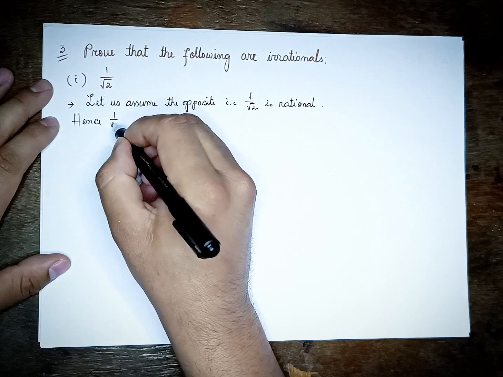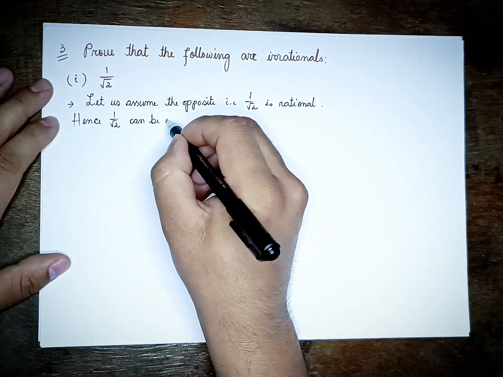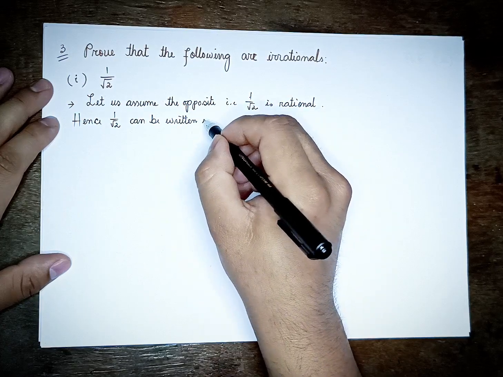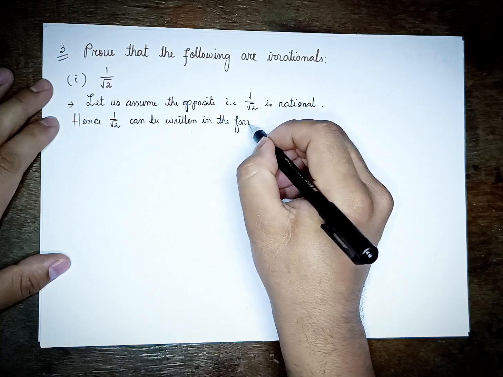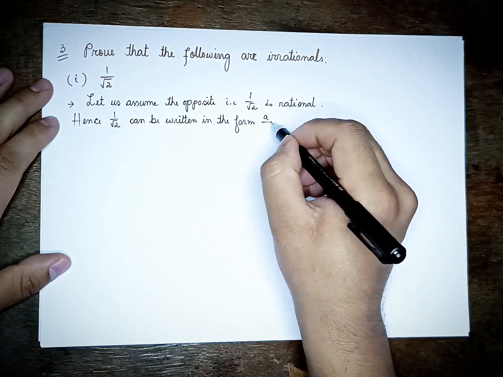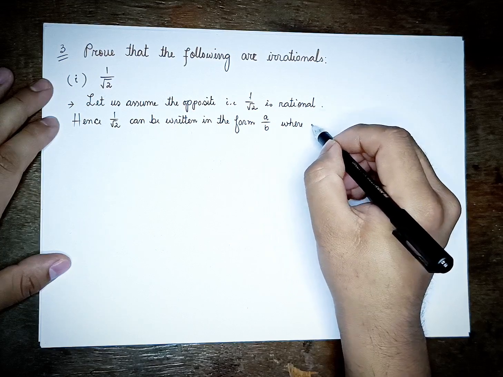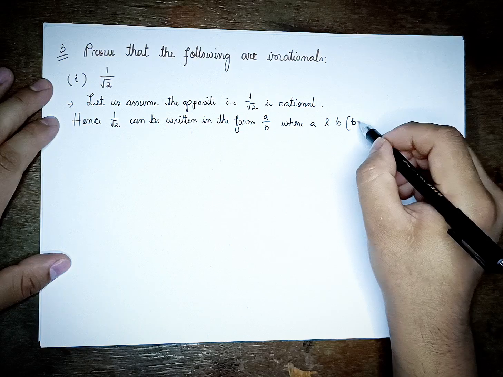Hence, 1 by root over 2 can be written in the form a by b, where a and b are coprime, and here b must not be equal to 0.